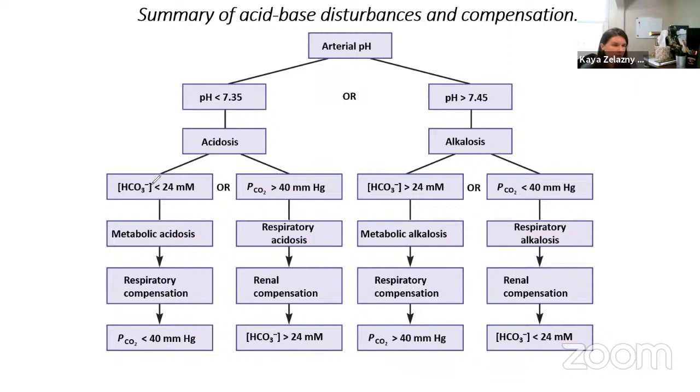The opposite, if we measured bicarbonate, the threshold, the place we expect our concentration of bicarbonate to be is 24. So if the concentration of bicarbonate is less than 24 millimoles, we would expect that to be metabolic acidosis. Okay, so we would measure these two numbers, but then your body would do compensation, right?